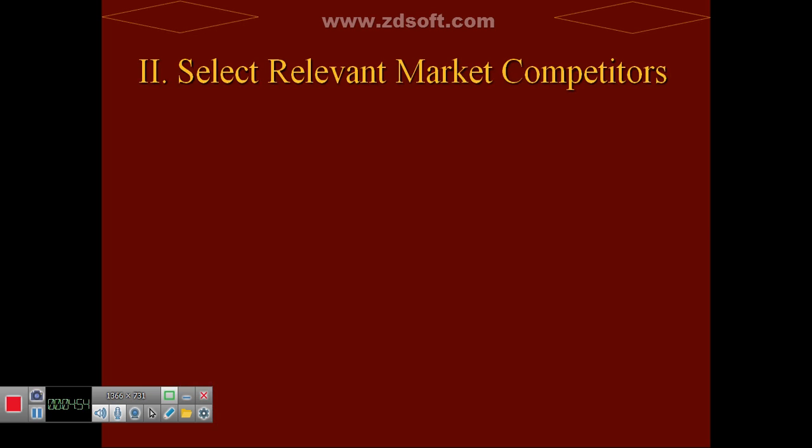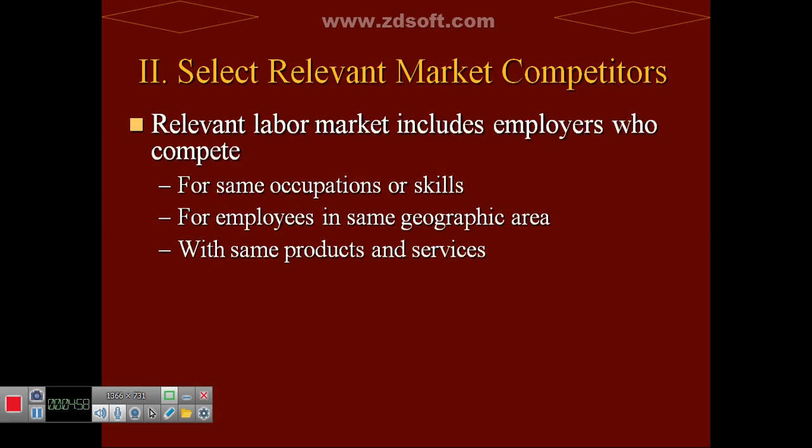Then who will be interviewed? It will be the relevant market competitors, who are competing for the same labor or same type of candidates. So those companies will be the sample sizes or sampling units.